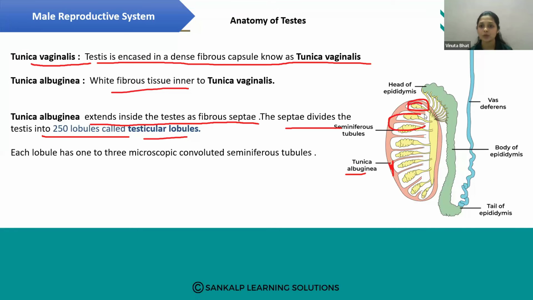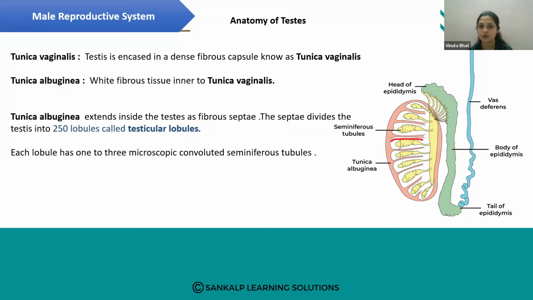Around 250 testicular lobules are present, formed by the tunica albuginea extending inside the testes. Each testicular lobule contains around 1 to 3 microscopic seminiferous tubules.